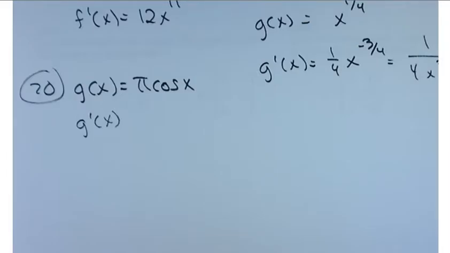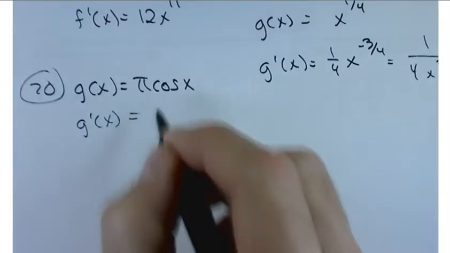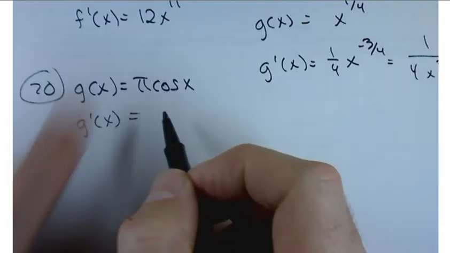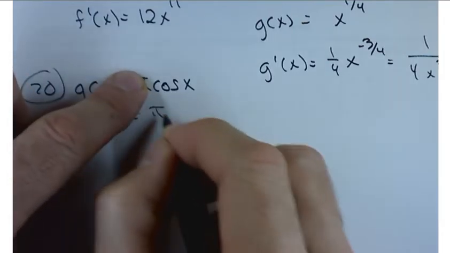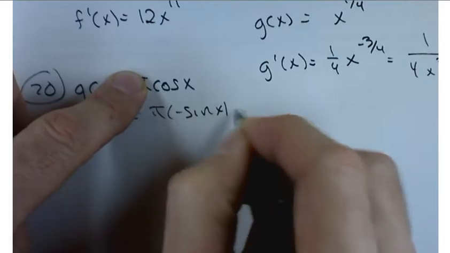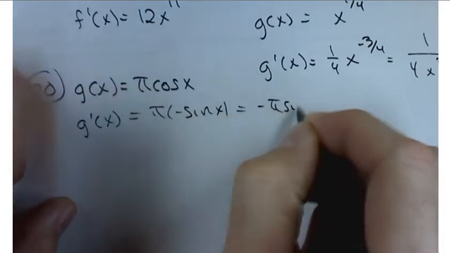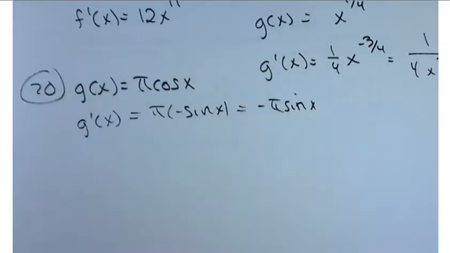You can kind of ignore that part. So it's going to be pi times minus sine of x, or better yet, minus pi sine of x. There's your derivative. Wow, a lot nicer than having to do that with limits.